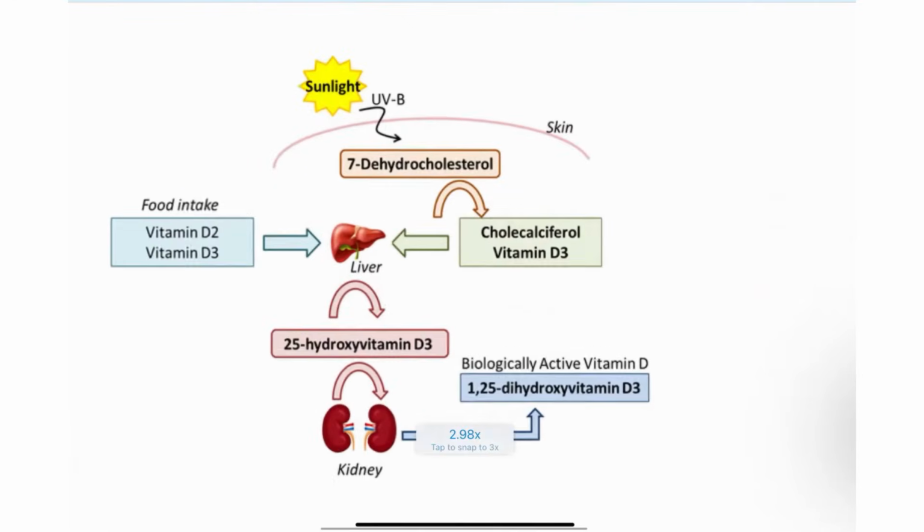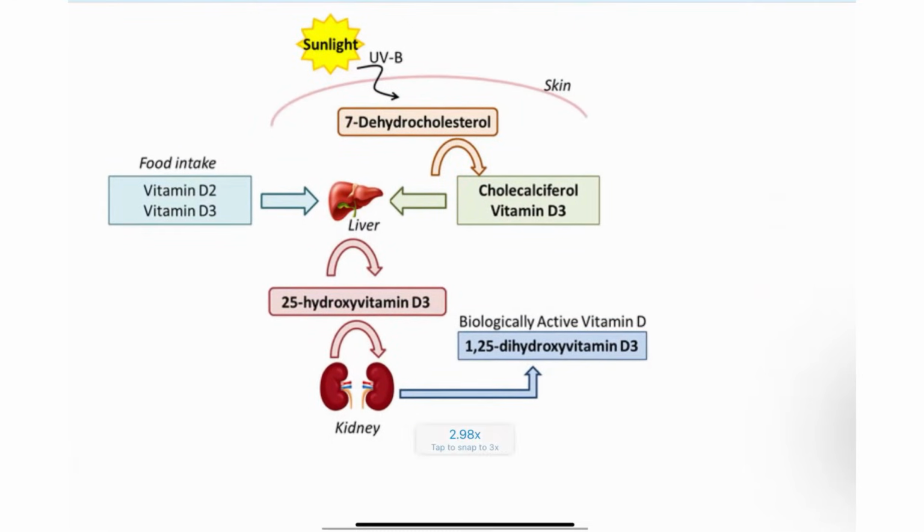Vitamin D. Before vitamin D, you have to take note of this point. The vitamin D cycle. How are we going to get vitamin D? From the sunlight. From the skin, 7-dehydrocholesterol is going to reach the liver, where it is going to convert to cholecalciferol, the vitamin D3 derivative.